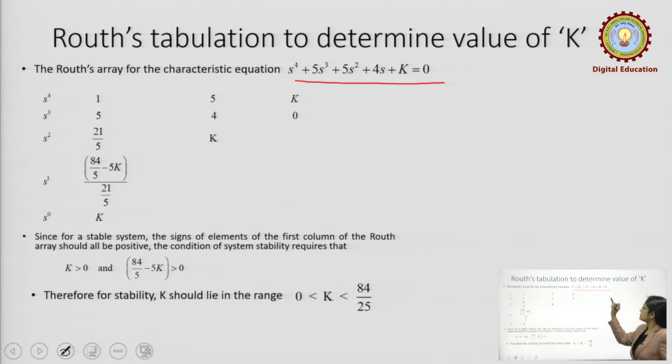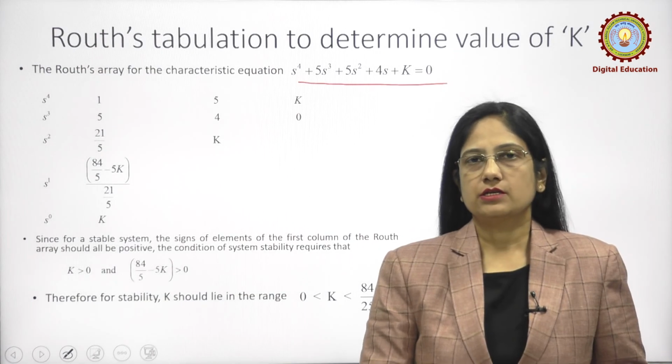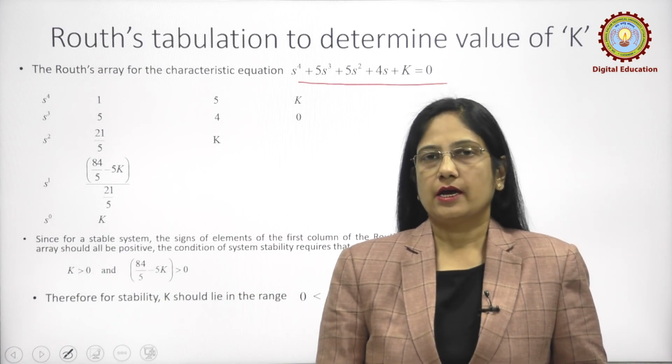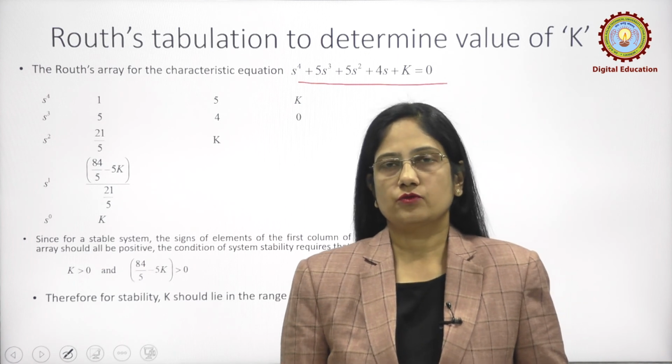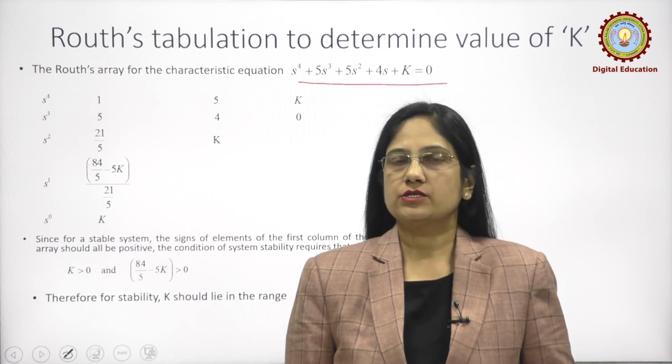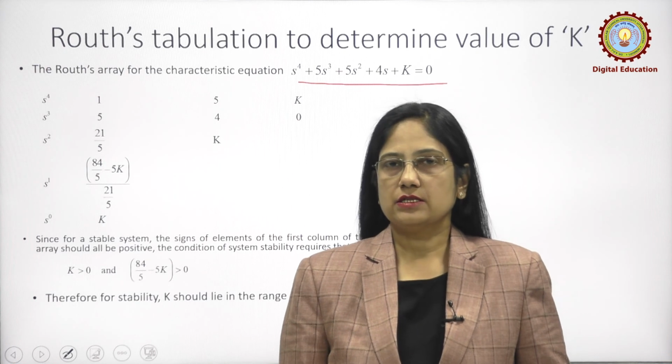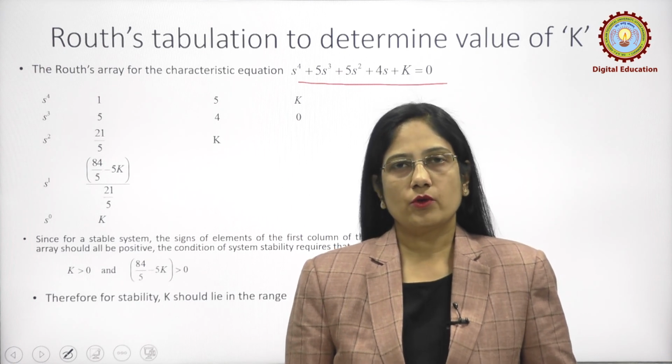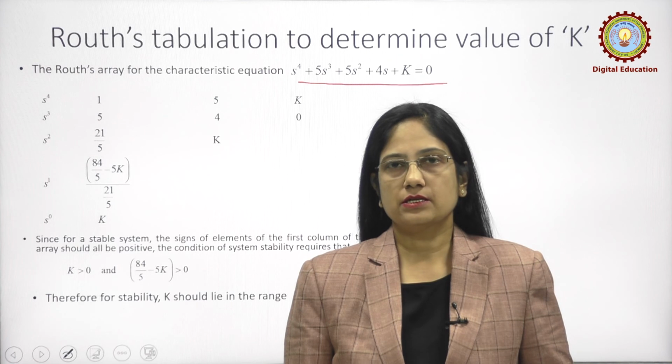We are going to form the Routh array for this characteristic equation and determine the range of k for which the system remains stable. The first step to form the Routh tabulation is to write the first and the second row by using the coefficients of the characteristic equation.